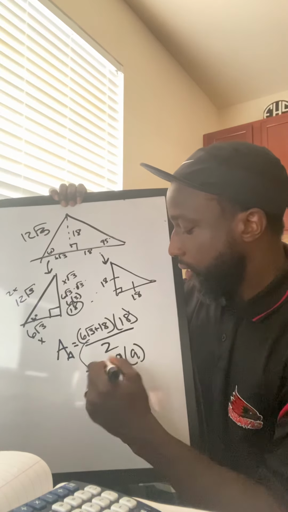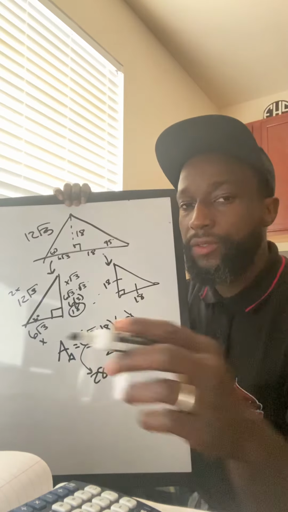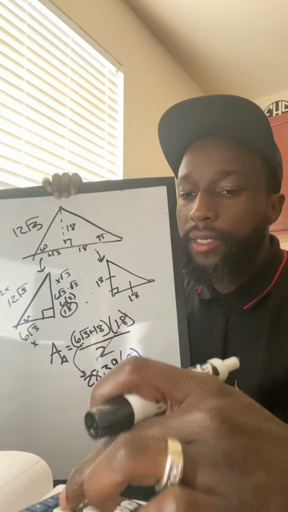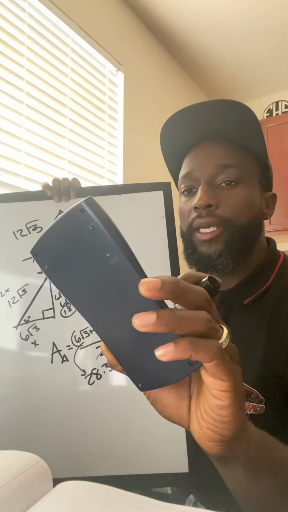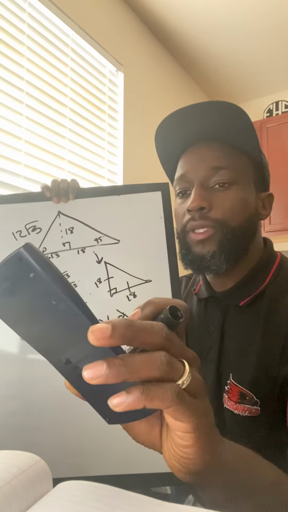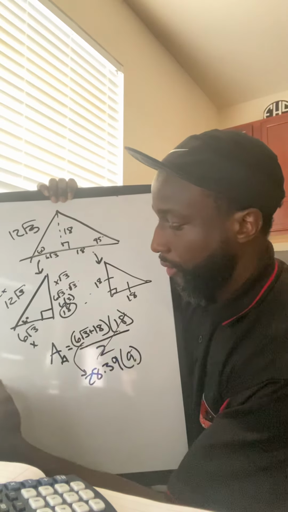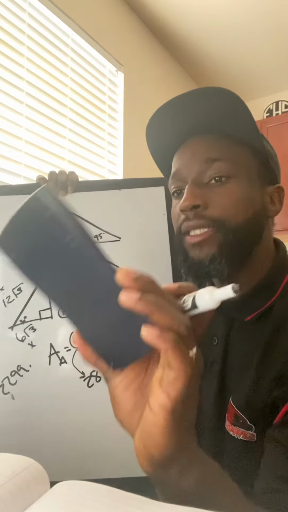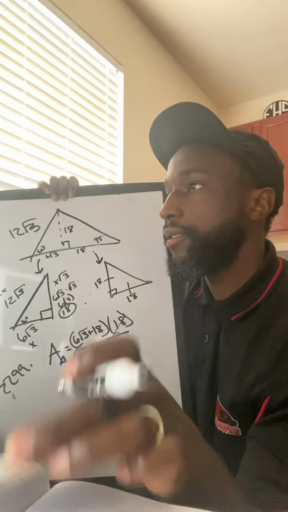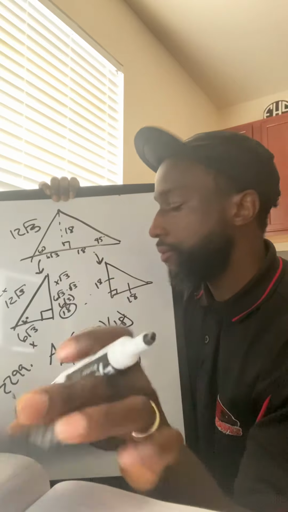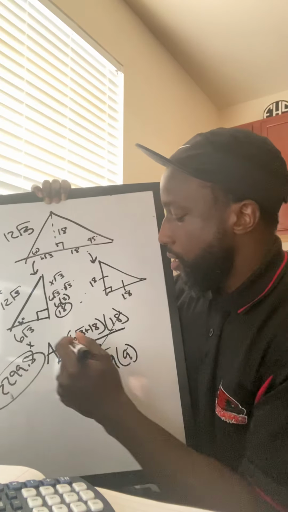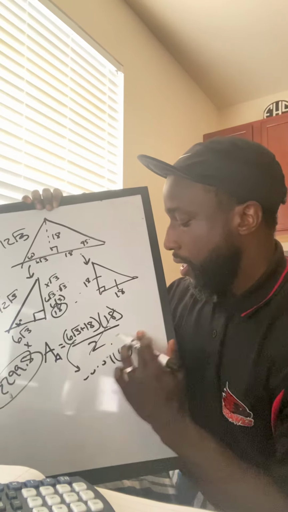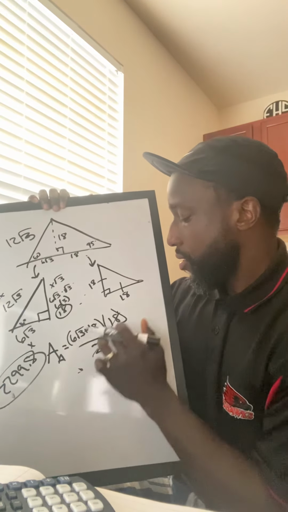Times 9, because we simplified this 18 over 2 part to make it 9. So times 9, and we get 229.7. Okay.